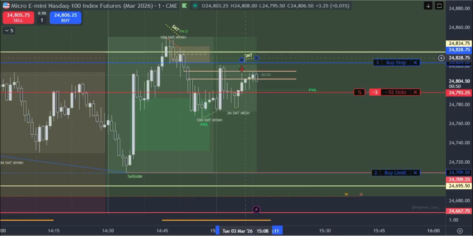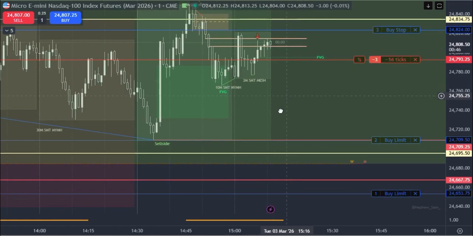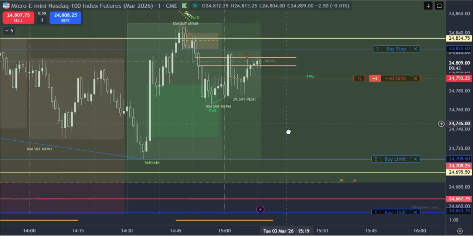So we're coming towards the end of the macro, so we want to start seeing large candles towards the downside.